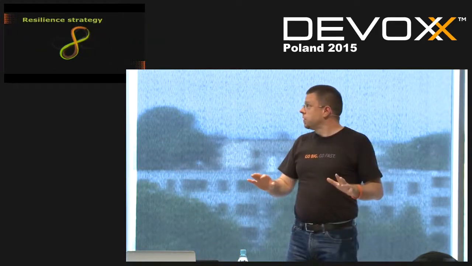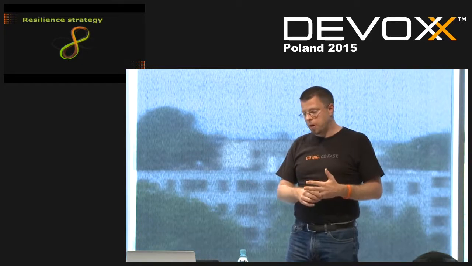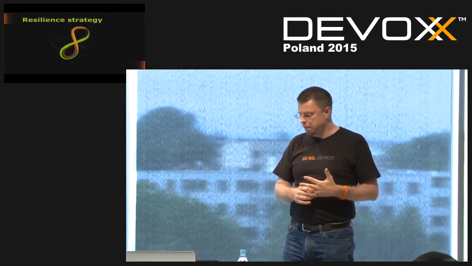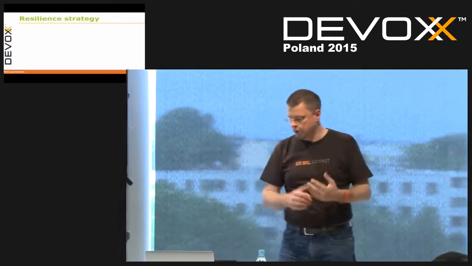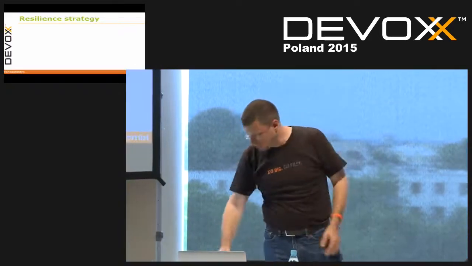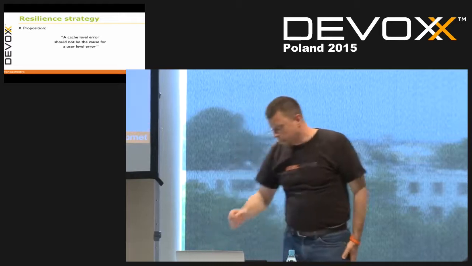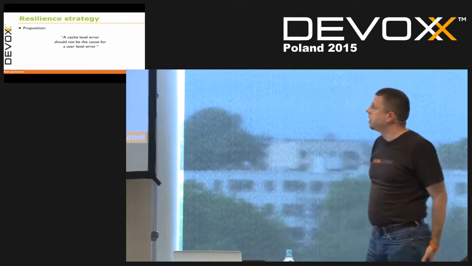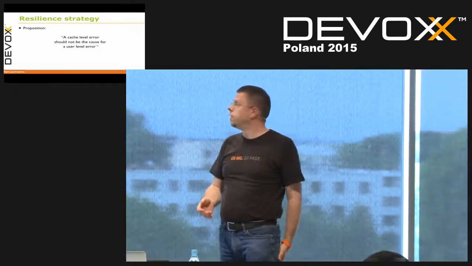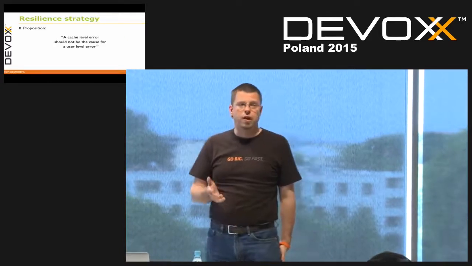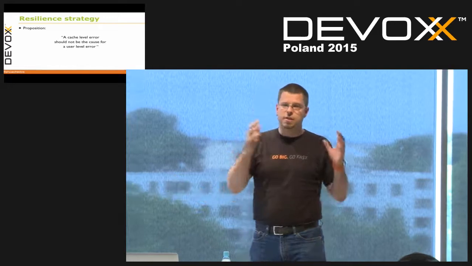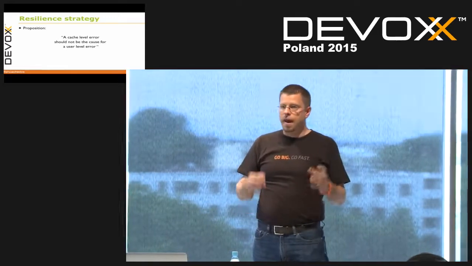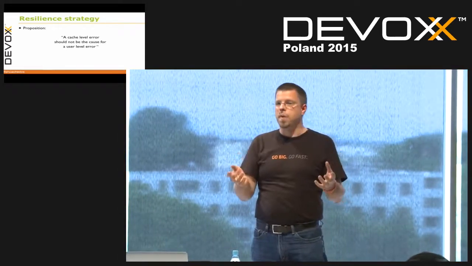That's it for JSR-107. This is pure Ehcache 3. And again, I'm interested in hearing reactions either now or after the talk. So the proposition we started with is that a cache level error should not be the cause for a user level error. Because as we've said initially, a cache is a temporary copy of the data, and it's a compromise.